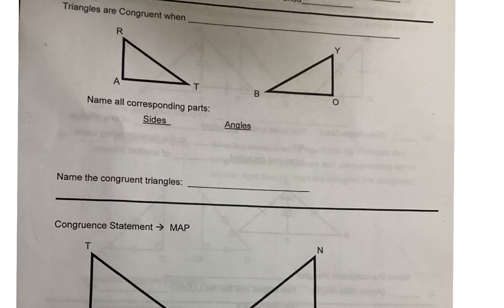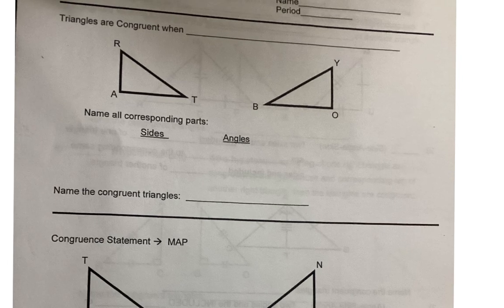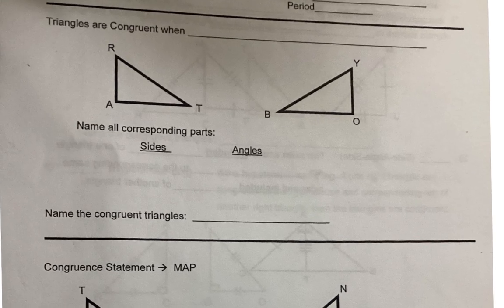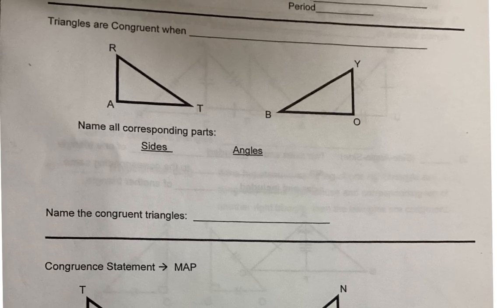If you take out the sheet, it says congruent triangles notes. We're going to go through that, and if you look on the screen, you can see what I'm talking about. We're going to fill this in, but in a slightly different way. Just follow along with me.